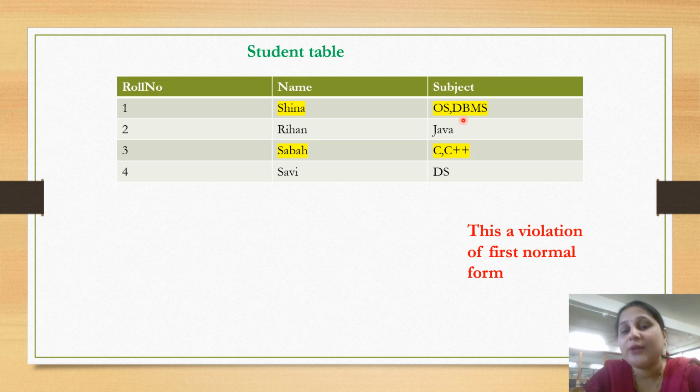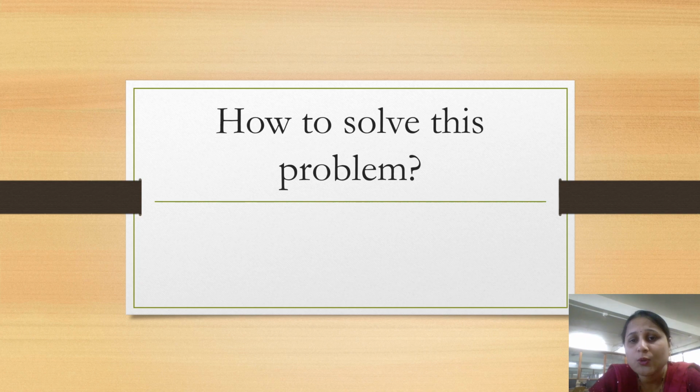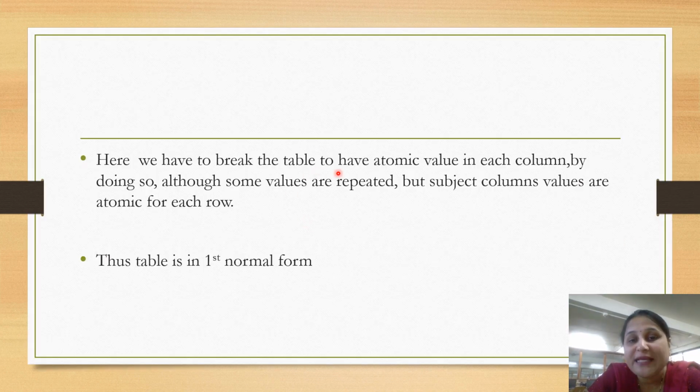So this is a violation. Similarly for roll number 3, Sabha is learning C and C++. Again this is not an atomic value. So we need to implement the first normal form here. So let's go for it. How to solve this problem? For that we have to break this table to have an atomic value in each column.